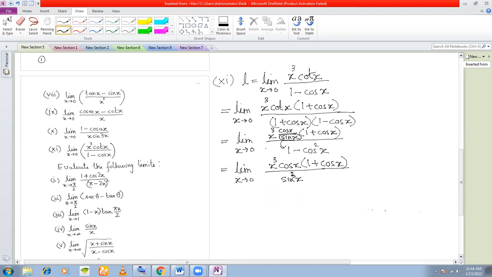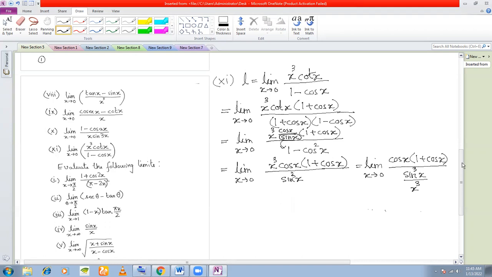And in the next step, you have a sin cube and an x cube there, right? That means this limit can now be written as limit x tends to 0 cos x into 1 plus cos x, and the x cube that you have in the numerator, you can take to the denominator. That is sin cube x by x cube.